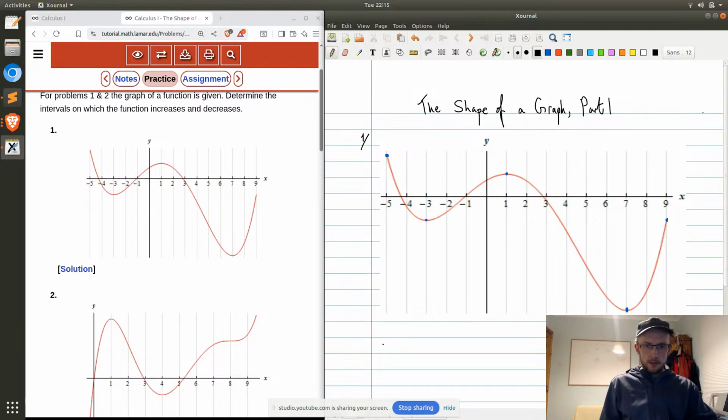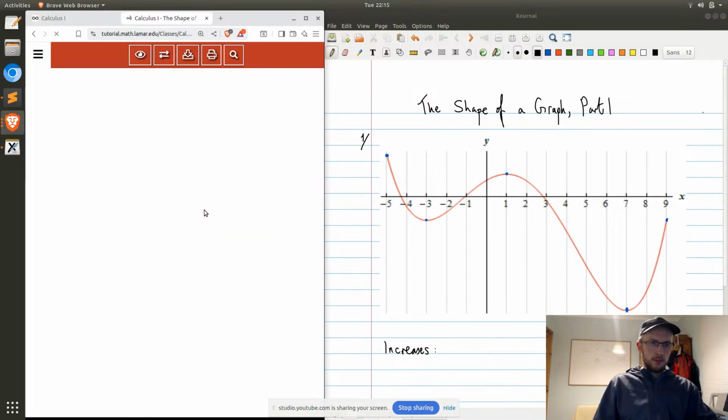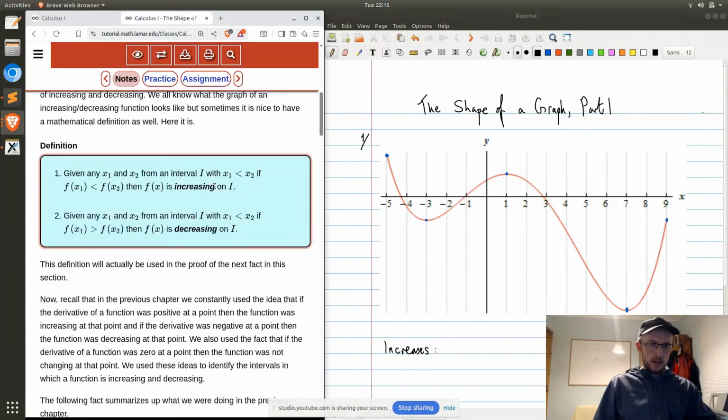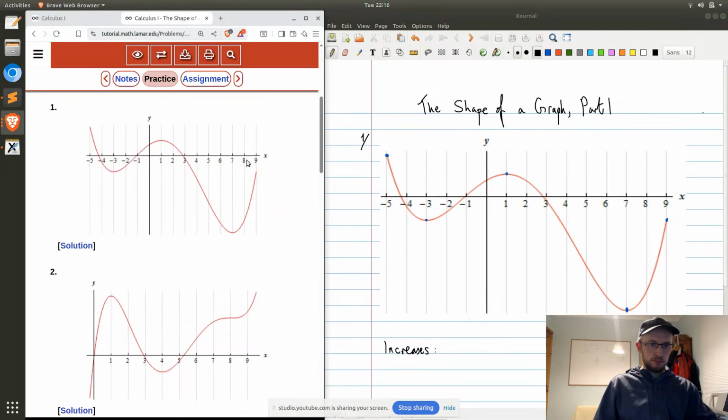All right. The question is, do I make them open intervals or closed? Or half open? Let's think about the definition. They would be closed based on that, I believe.